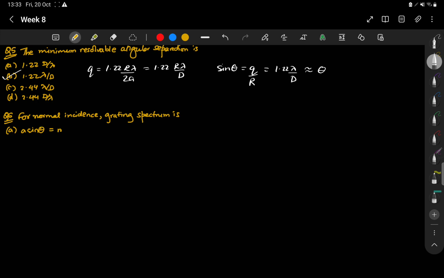The equation for the grating and the diffraction pattern observed from the grating. Okay, please answer this question and select the correct option in the poll that I have created for you.